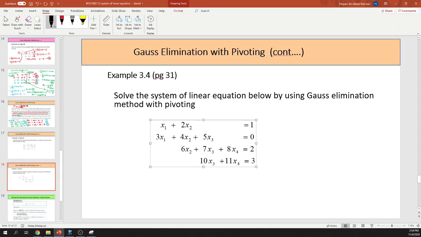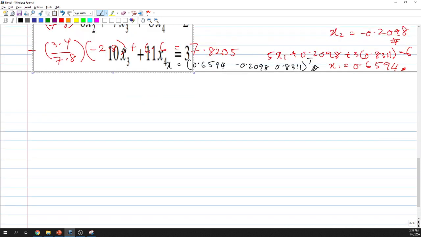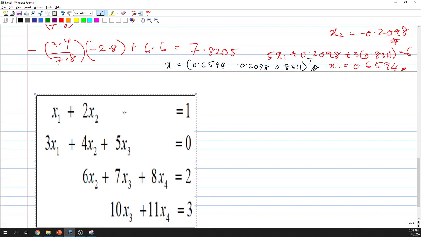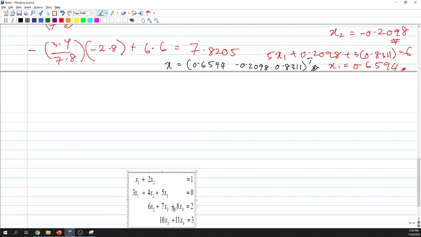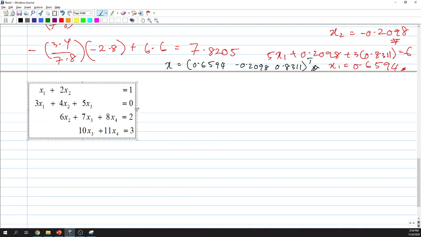Okay, so now we try to do the second example. Okay, so, apa ni? So I really hope that everyone of you please be prepared sebab kita akan buat quiz lepas ni. So the quiz is similar like the last week tutorial.